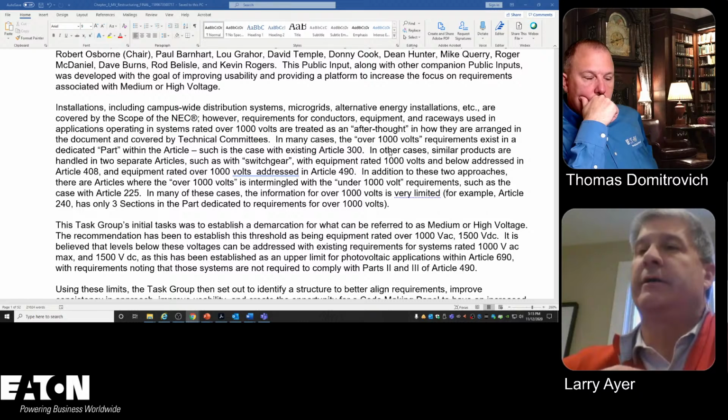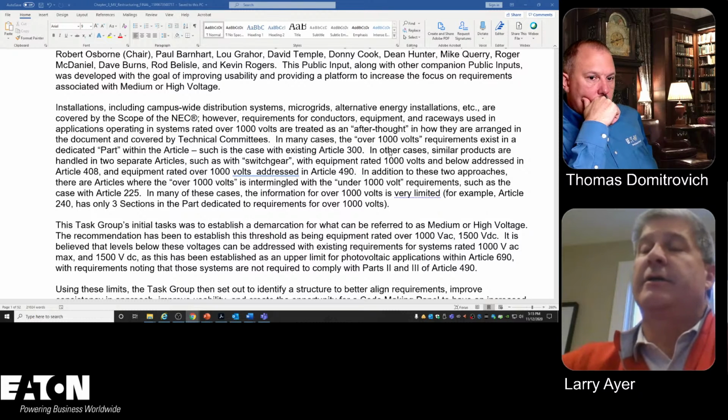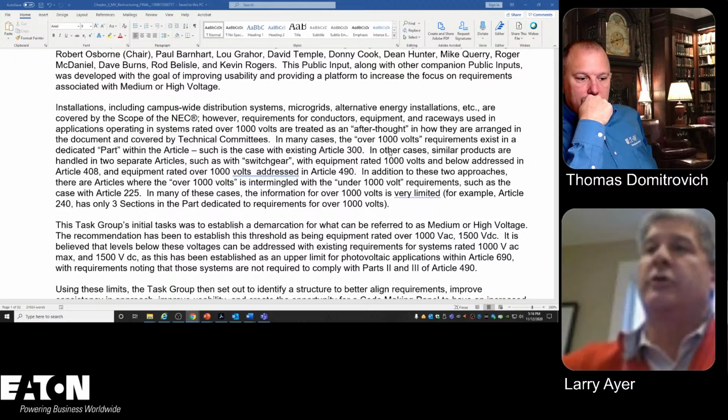And it's difficult for people to try to change requirements 2 weeks out of 3 years. So I wanted to put together groups that would work on these things constantly over the 3-year period, so we can make sure that we keep the NEC relevant. That's part of what we did with medium voltage. We wanted to put together a group to see what the issues are in medium voltage.